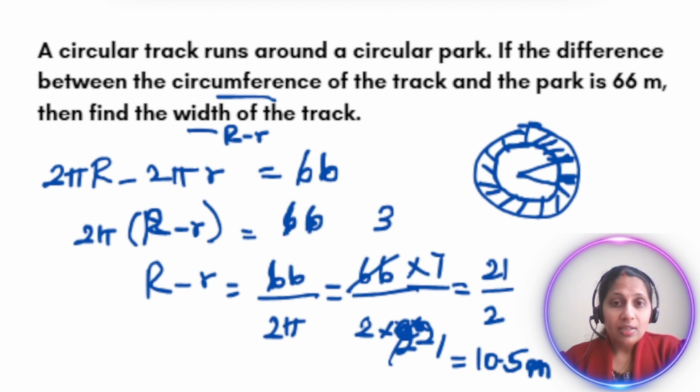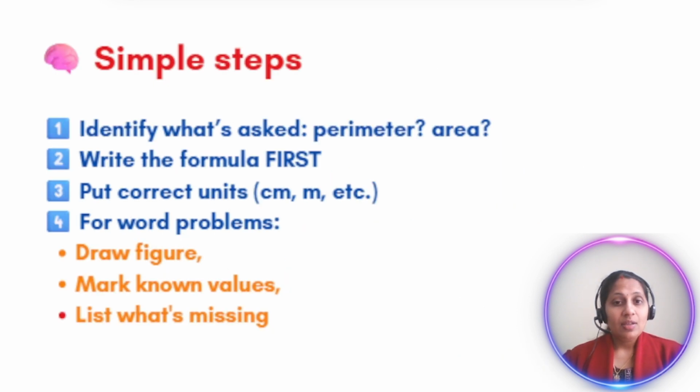Just draw the figure, write down the formula and go for substitution. Let's summarize the steps. Identify what's been asked, perimeter or area. Write the formula first, then substitute all the values into the formula and see what is missing. And then go for calculating it.